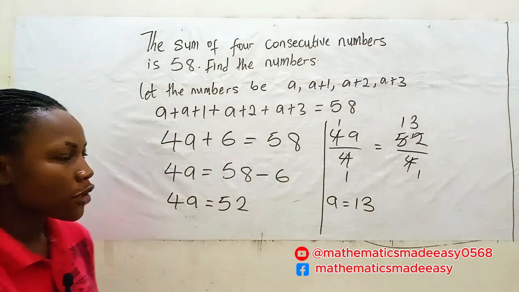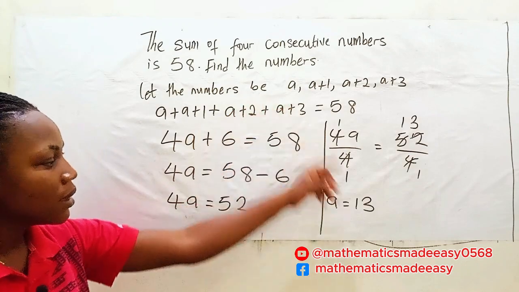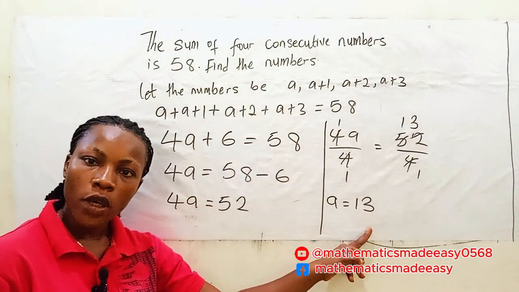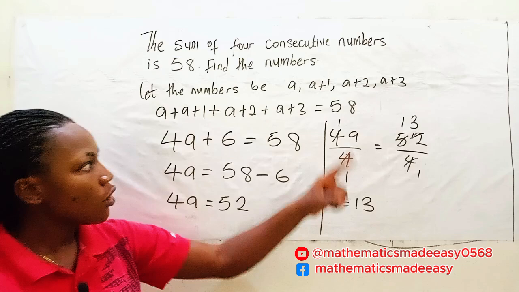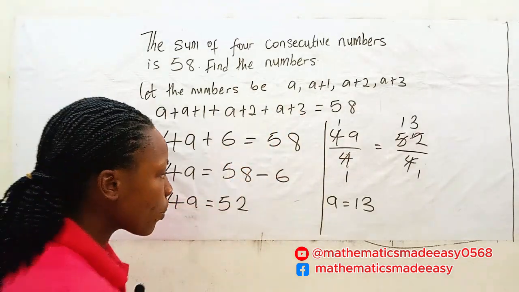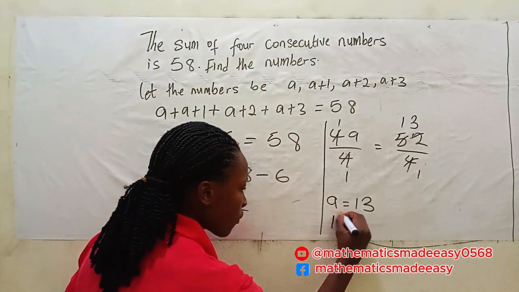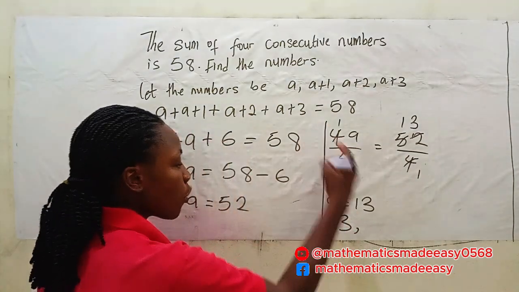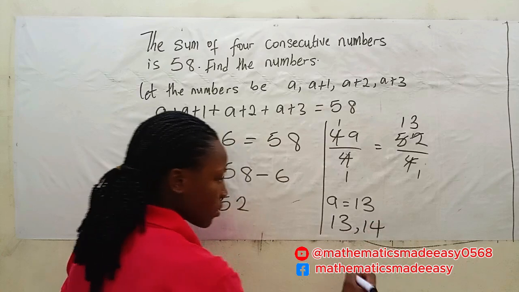All right, so the first number, which is a, is 13. Okay, the second number, we added 1 to our a, so the second number is going to be 14.